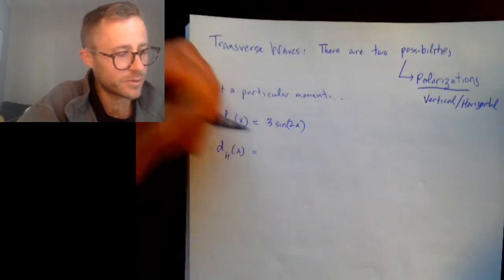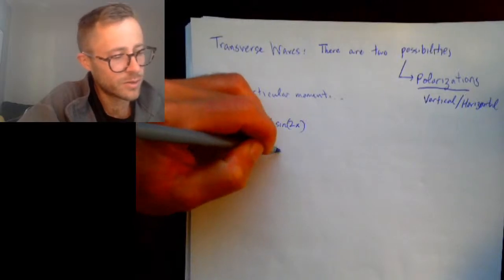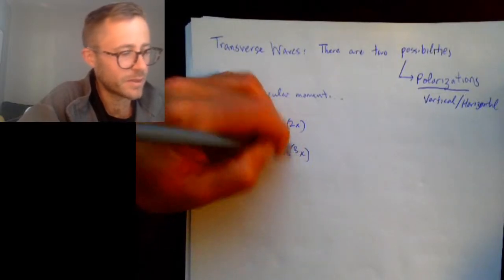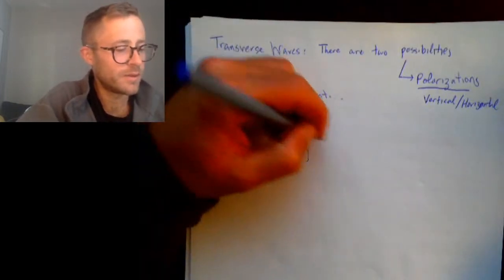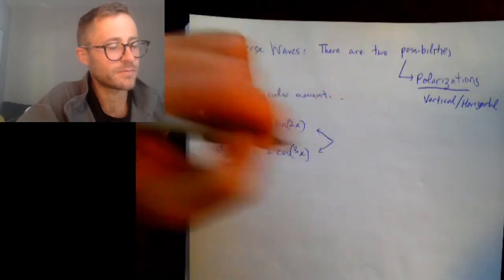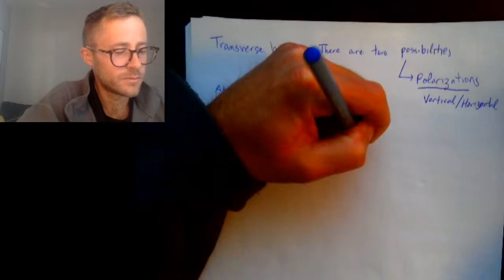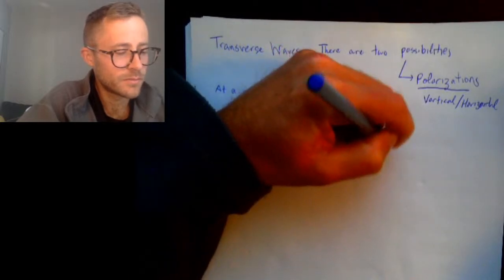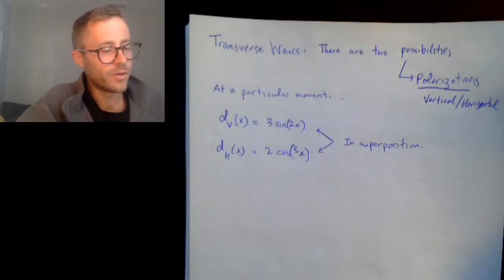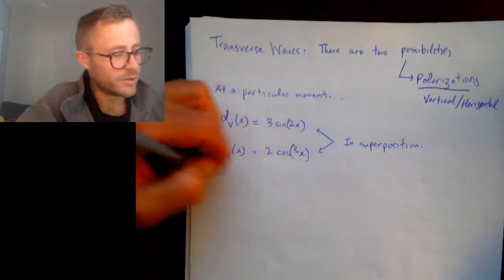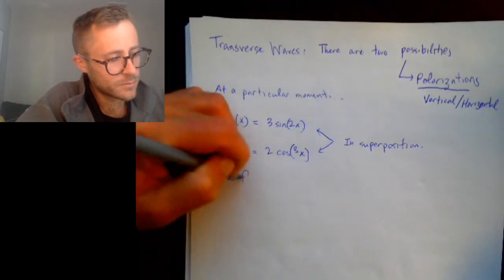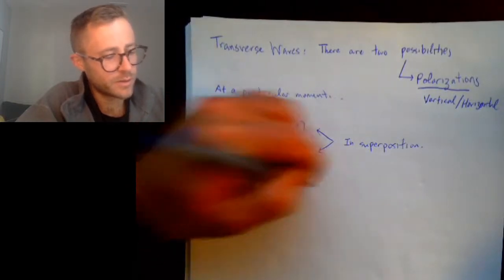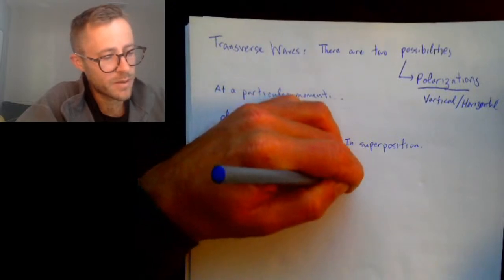Its displacement as a function of position is 2 cosine of 3x. And so these two waves are in superposition. And so what I want to know is how far is x equals 1 displaced by the wave.